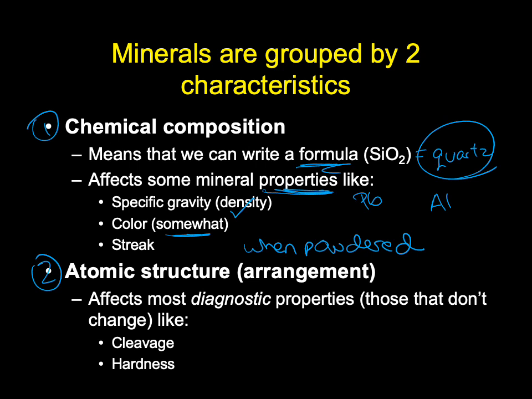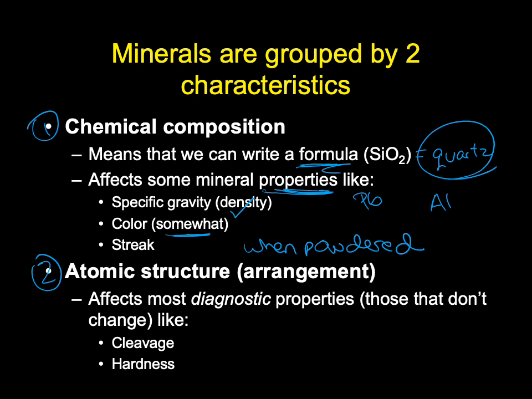That may seem a little bit strange, but many minerals have an outward color that is extremely different from their powdered color. Quartz can have an outward color of purple, pink, white, black, green, yellow, orange, but even though its outward color can change, its streak color is always white.